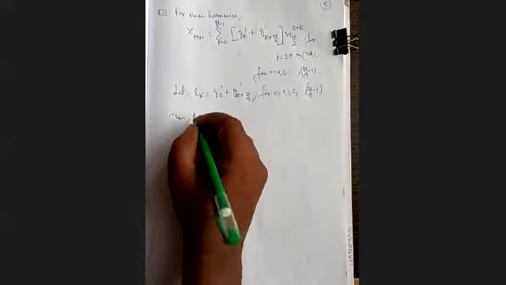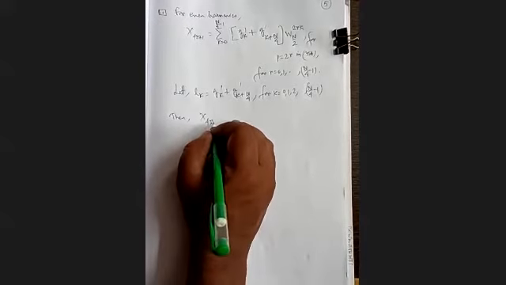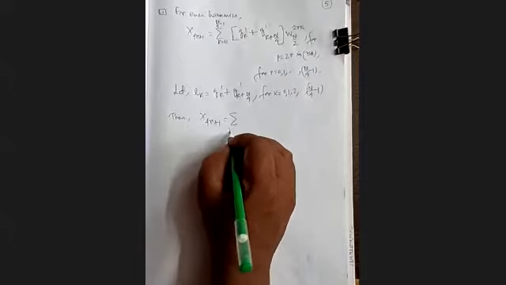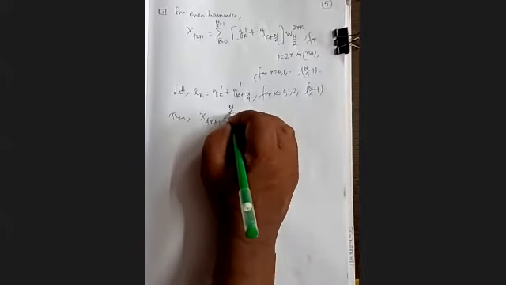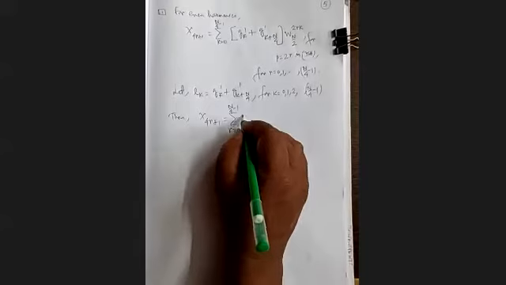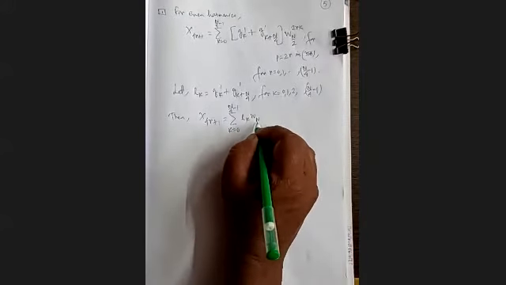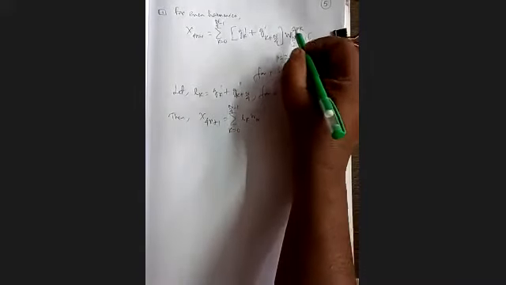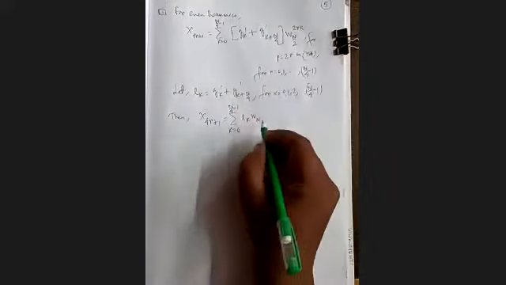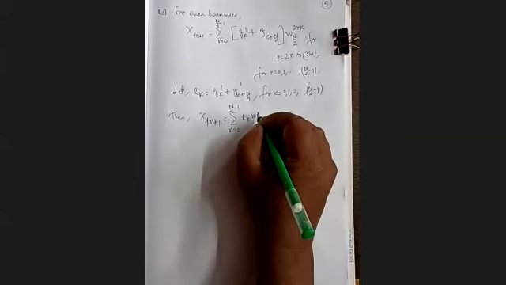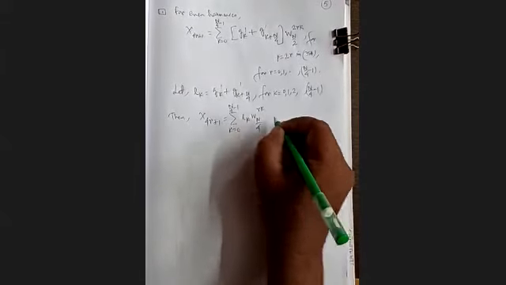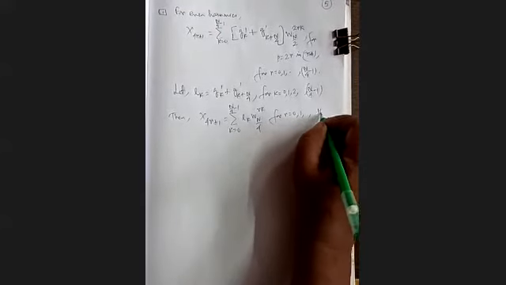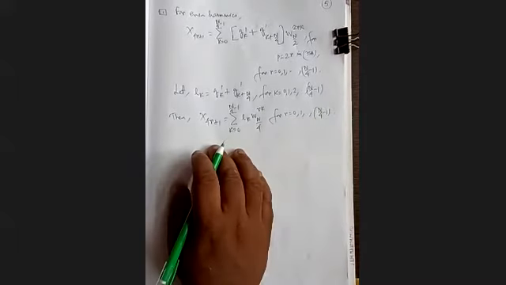Then X(4r plus 1) is equal to the sum of L(k) W_N/2 to the power 2rk; we just divide it by 2, so it will be W_N/4 to the power rk, for r equal to 0, 1, 2 up to N by 4 minus 1.